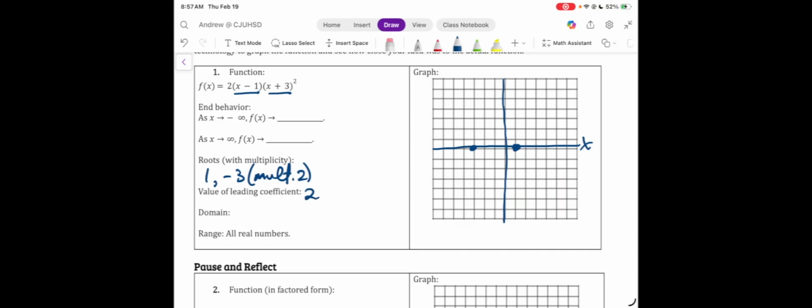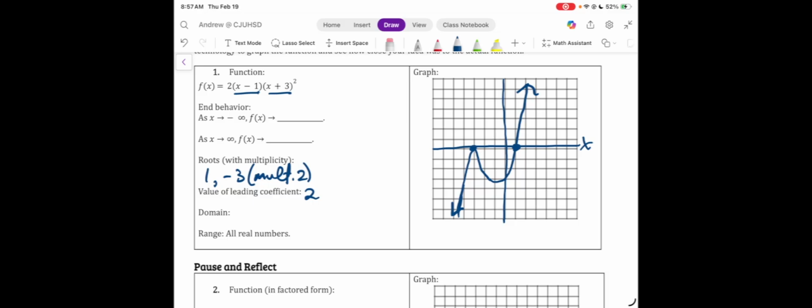So this thing has a positive orientation. It's going to come up from the bottom somewhere. And what's going to happen when it gets to negative 3? Well, it's going to bounce. It's going to hit that, bounce back, somewhere turn around, and then come back through that other root.